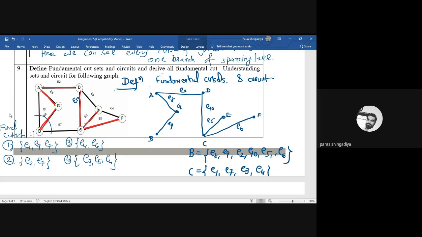Where E5 is the branch and E3, E4 are the chords. Clear? Now, any other example? Does no one have any idea about the next example?